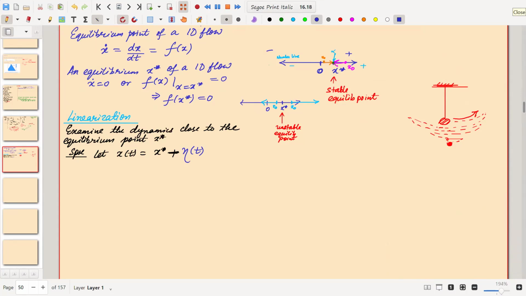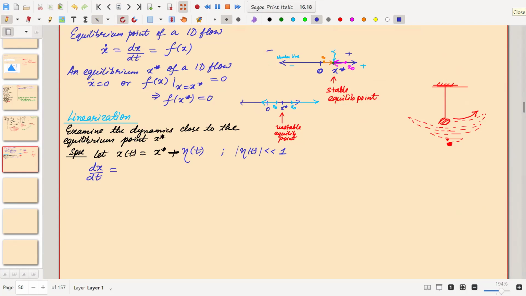Of course, we will not consider a bigger perturbation, just a tiny perturbation, less than 1. So if x of t is x star plus eta of t, what is dx by dt?